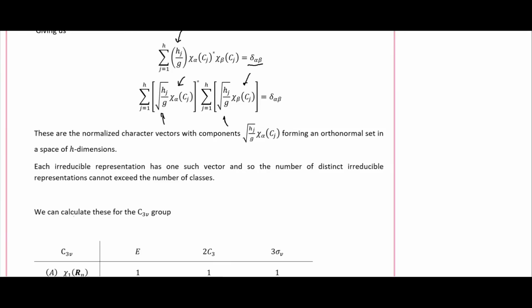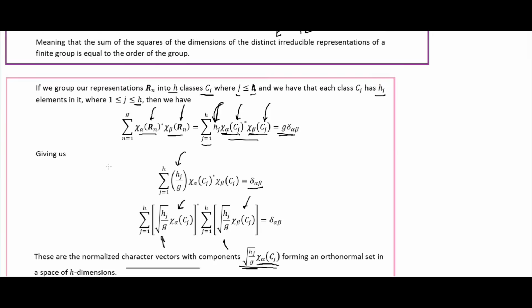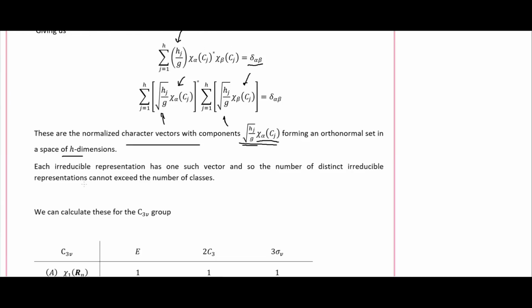So these here, the square root of the number of elements in the class divided by the order of the group times the character of the class. So these are the normalized character vectors with components, which are these, forming an orthonormal set in a space of h dimensions. So a space of dimensions that is equal to the number of classes that we have.